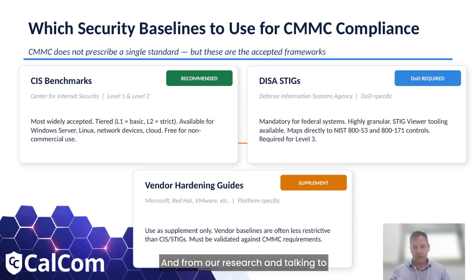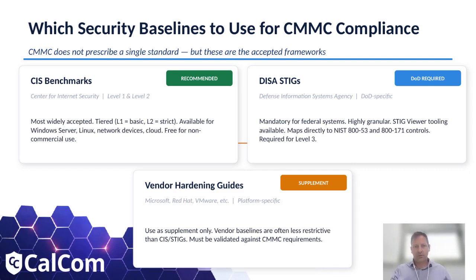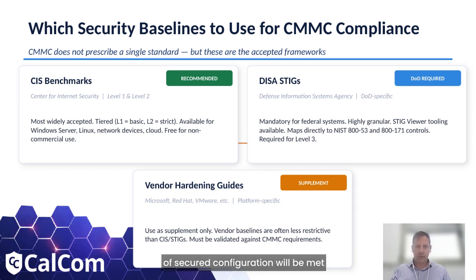From our research and talking to assessors and auditors, it seems like all 6 controls under the domain of secured configuration will be met by enforcing either the recommended or the DoD required options that we are showing here when it comes to baseline.